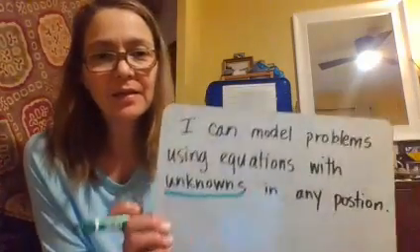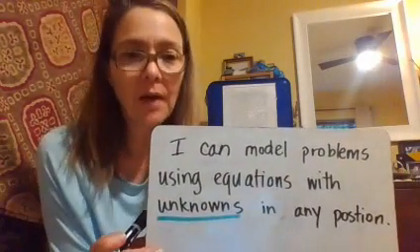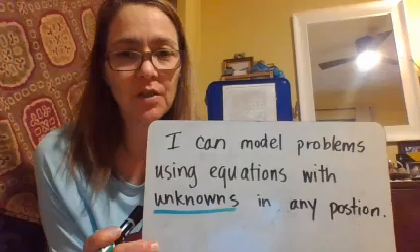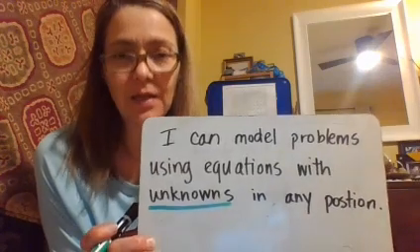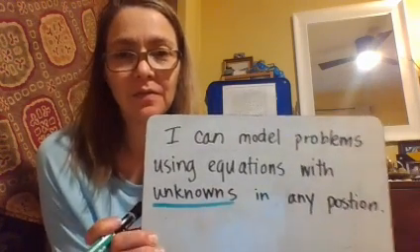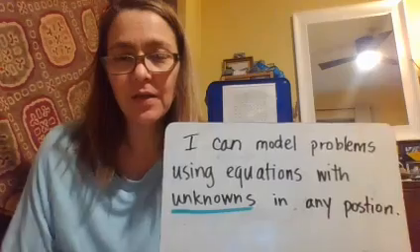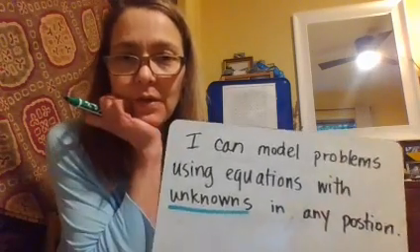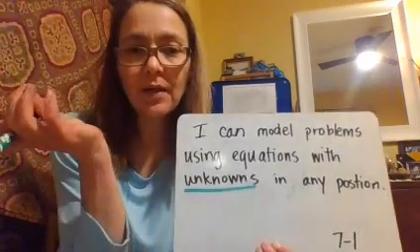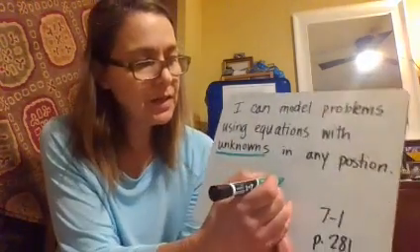Right, so one more time, let's read this. I can model problems using equations with unknowns in any position. Okay, so you got to read them carefully and figure out where that unknown is. Altogether, the unknown is at the end.